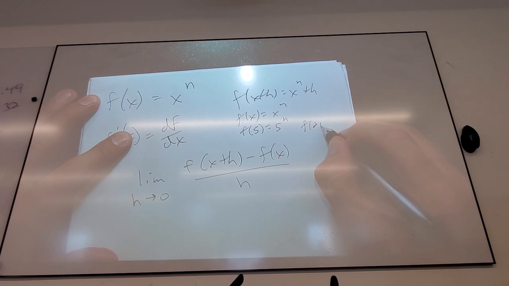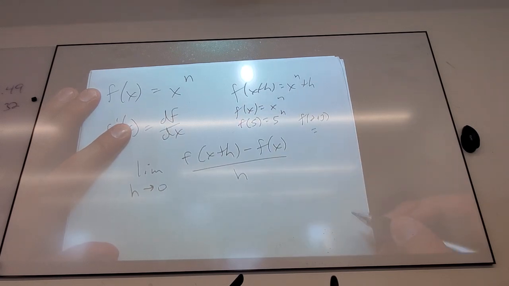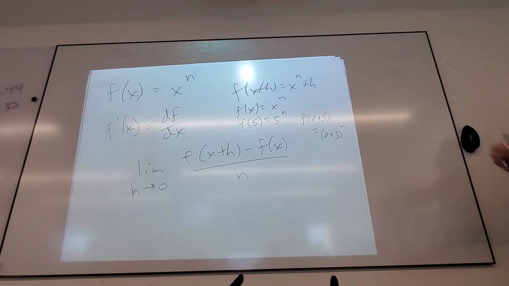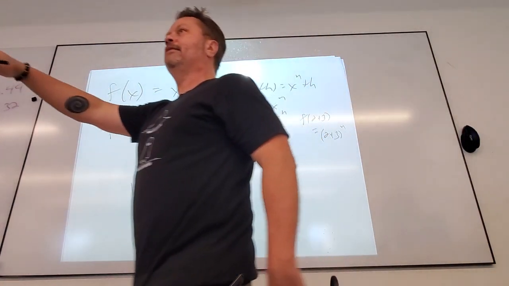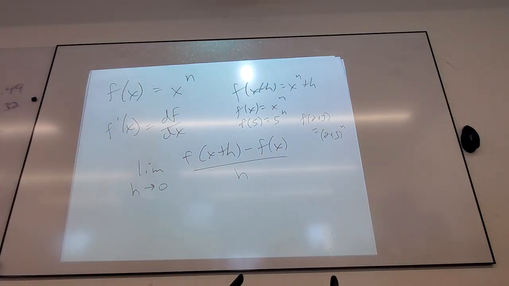So what is f of 2 plus 3? 2 plus 3 to the n. I can't have a plus 3 outside because then it's not really acting on what I put in. So the function has to act on what I put in. And what is the function defined to do? Anything I plug into it, what does it do to it? Raise it to the power. Raise it to the nth power. So whatever I put into it, it better take it and raise it to the nth power. So you just putting it in is going to raise it, so you don't put it on the end. That's all. Because you just plug it in and it would raise it to that power.